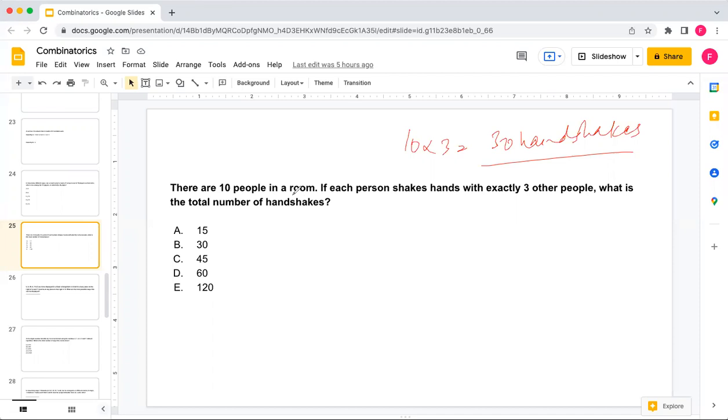But there is an issue. When 2 people are shaking hands, this is considering these 2 as a different case, but in one case, 2 people are exactly shaking hands. That's why you divide this by 2, which is 15.